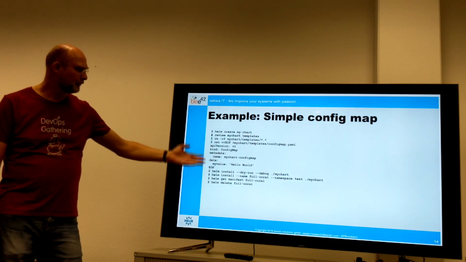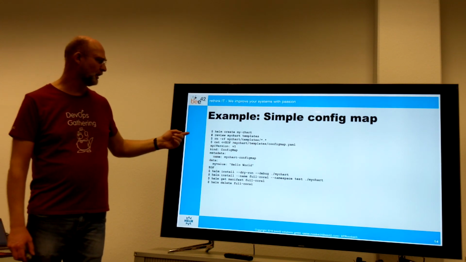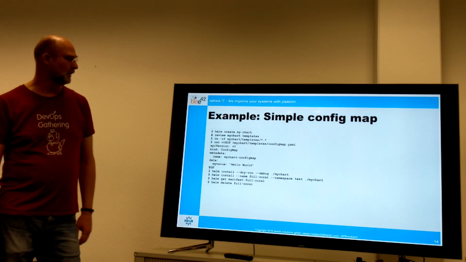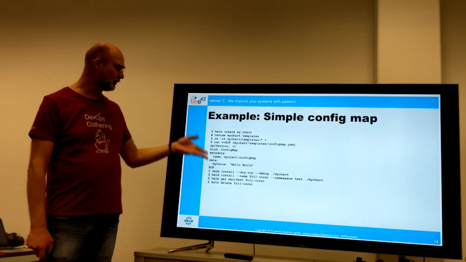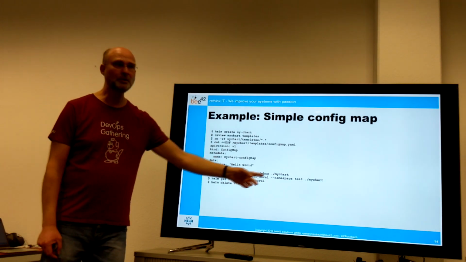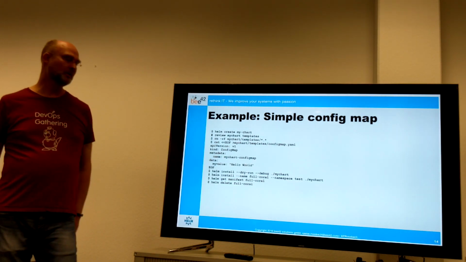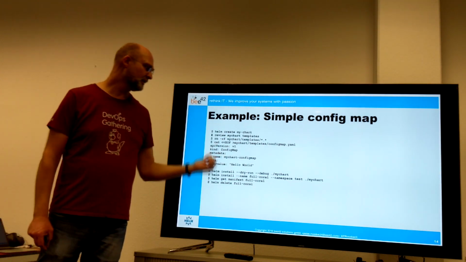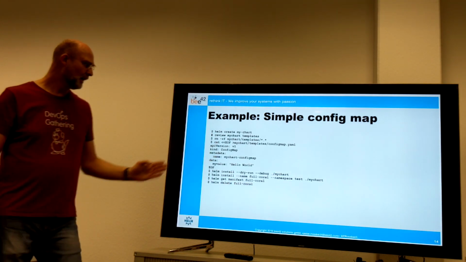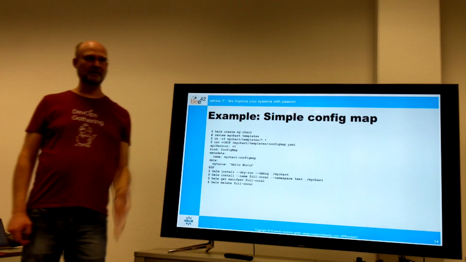With a simple static ConfigMap, you can create a chart and remove all the templates. I don't want to use that microservice. I will only distribute my ConfigMap with hello world, then I install it, make a dry run, see that the templating really works the first time, then you install it with a release name in a separate, isolated namespace, and then you can get the manifest or you delete it.